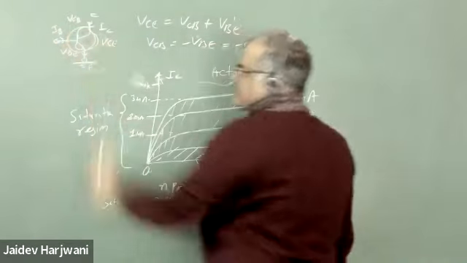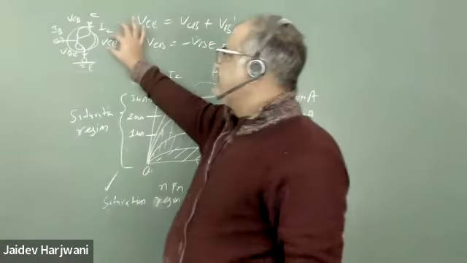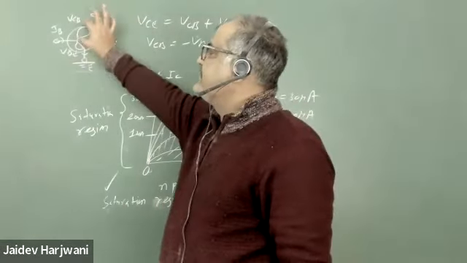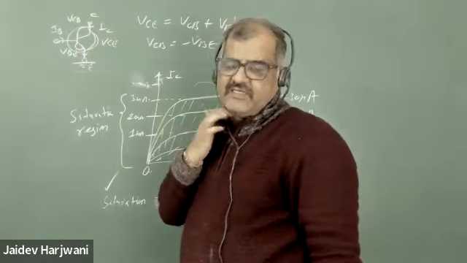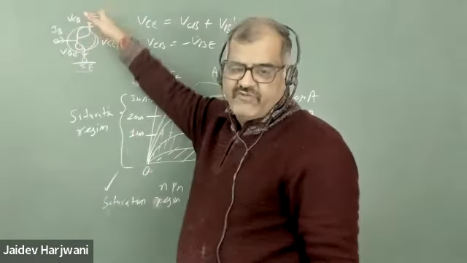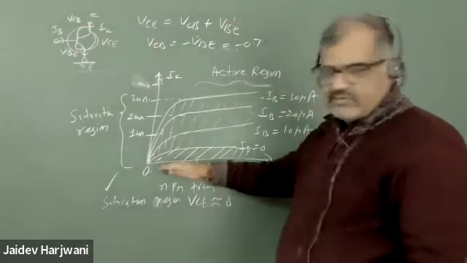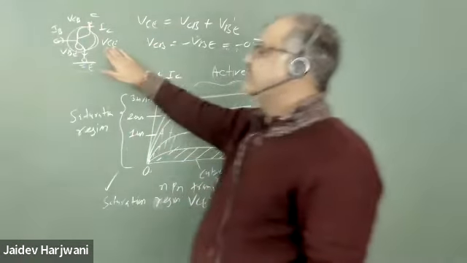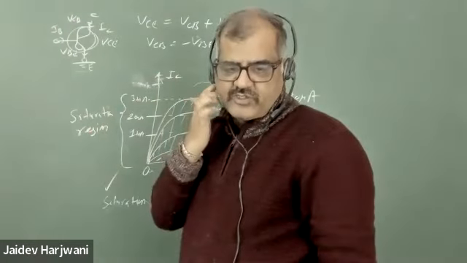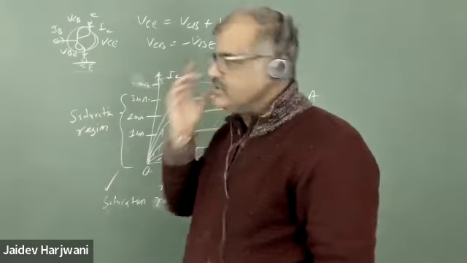VB is always fixed. So if VC is 0, then VBC becomes 0 minus 0.7, and this NPN transistor's junction becomes forward biased. So this will automatically become the saturation region. So VC should not be close to 0 if you want to avoid the saturation region.